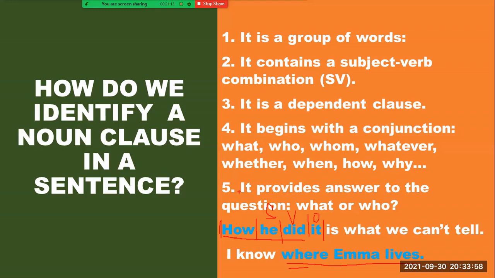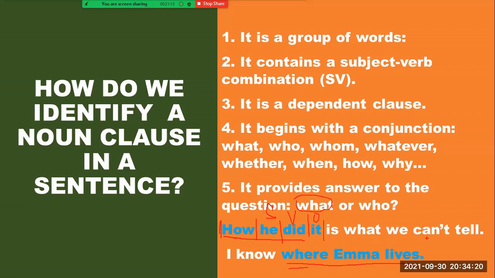Now, number 5, it provides answer to the question what or who. So basically, these two examples provide answer to the question what. Now, let's put a dash here and we say is what we can't tell. All right.